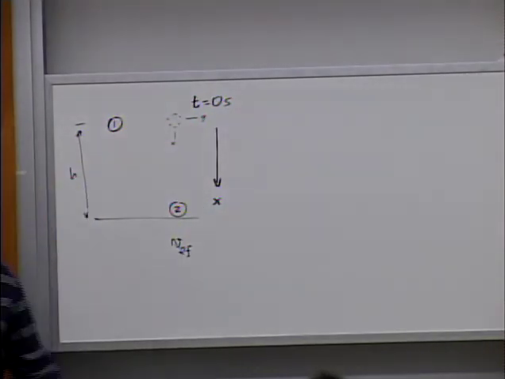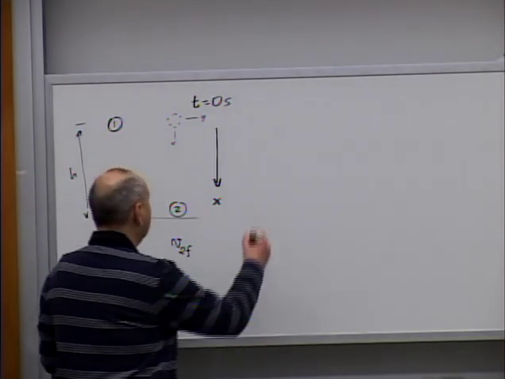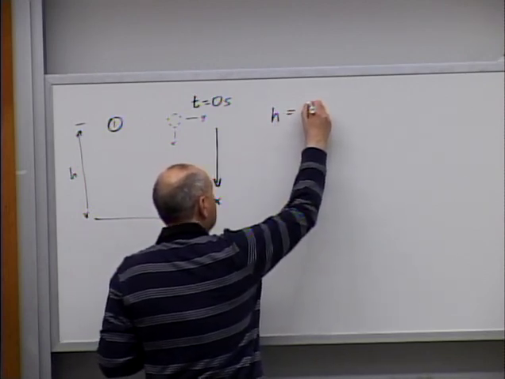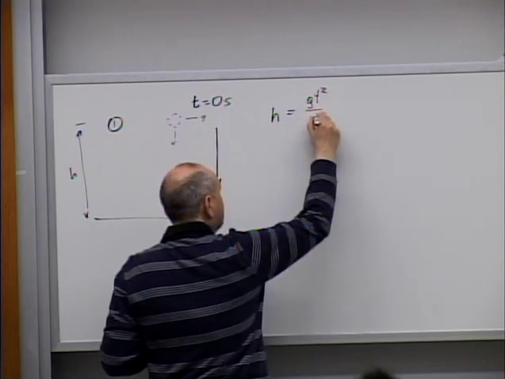So initial position is going to be 0, initial velocity is going to be 0, so we'll have only the vertical component which depends on time. And I can write down an equation that h is equal to acceleration times the square of time over 2.